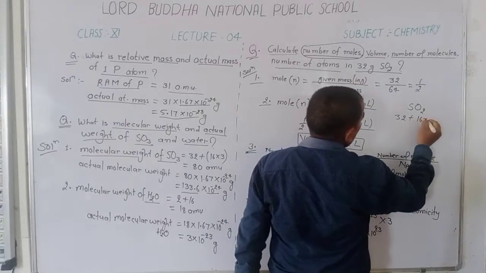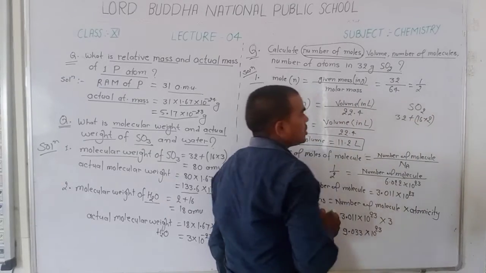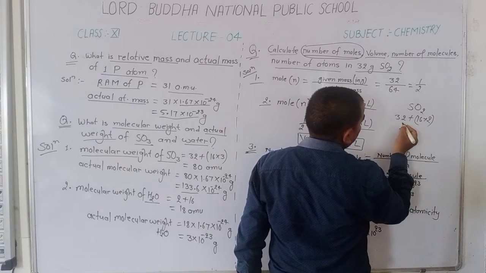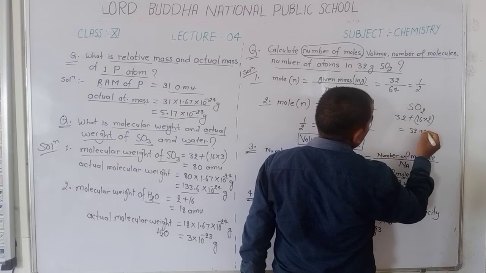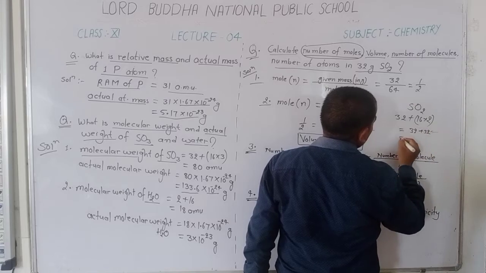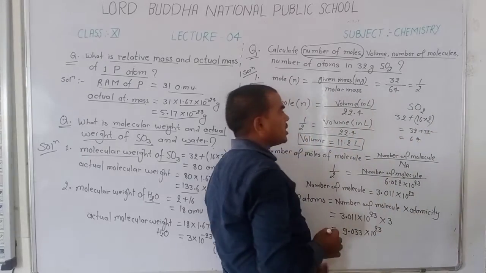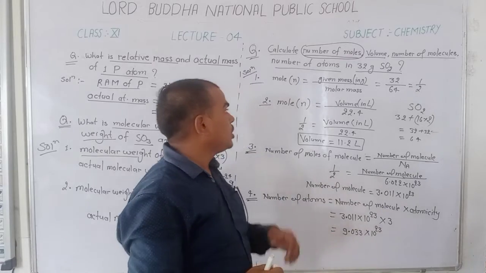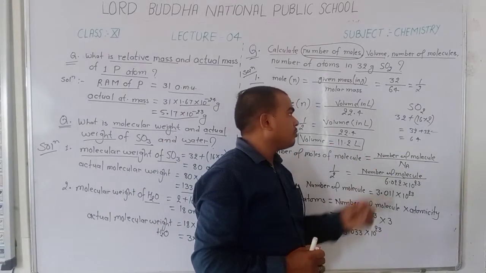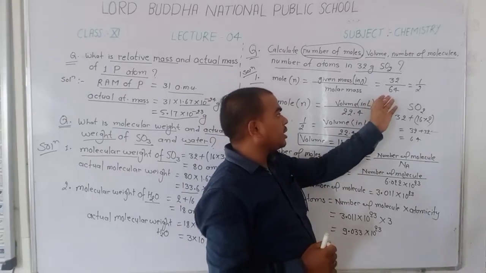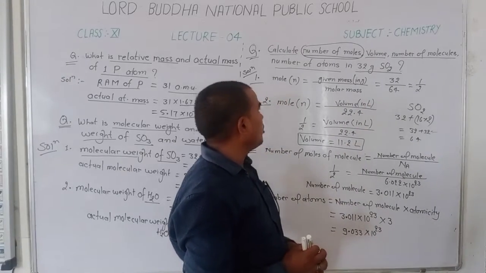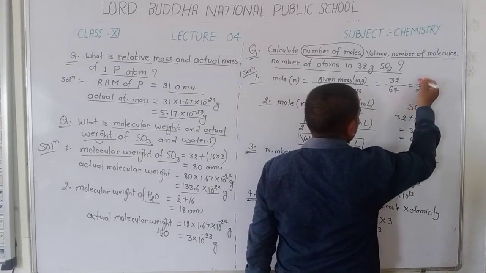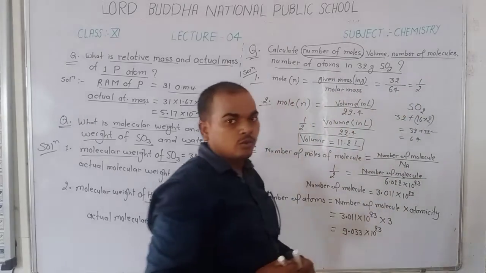Here 2 oxygen are present, that means 16 into 2. The value is 32 plus 32 equal to 64. The molar mass of sulfur dioxide is 64. By putting this value in the formula of mole, we find 1 by 2.